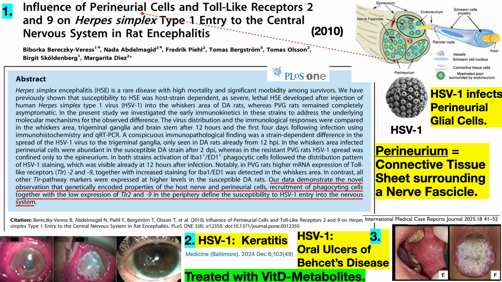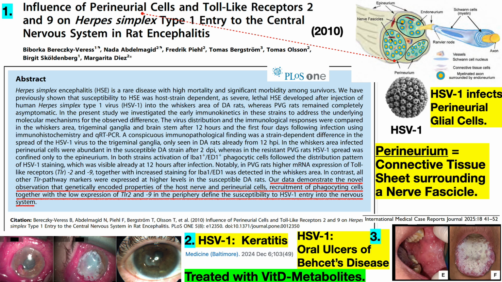Reactivation of herpes simplex virus 1, either from the trigeminal ganglion or from perineurial cells in the trigeminal nerve, can lead to the production of infectious virions, which can move through axonal transport either into the central nervous system or out to peripheral organs.